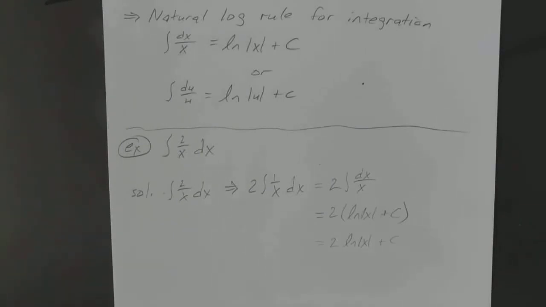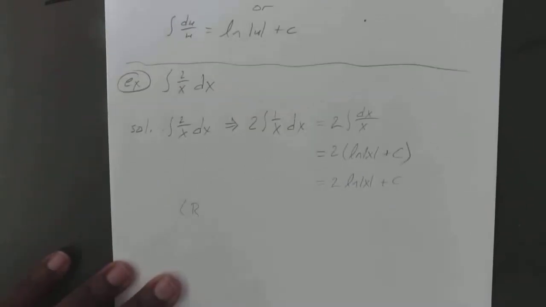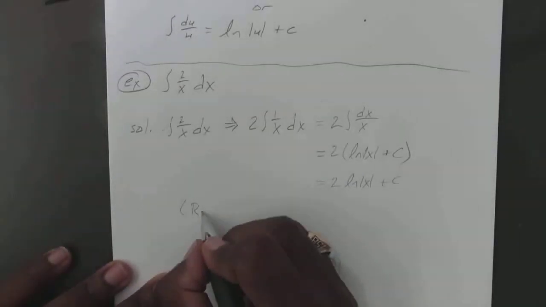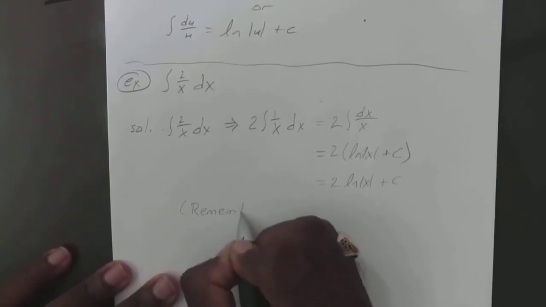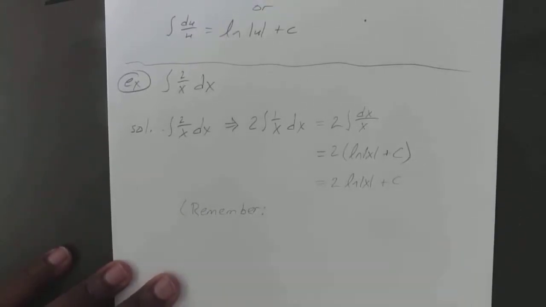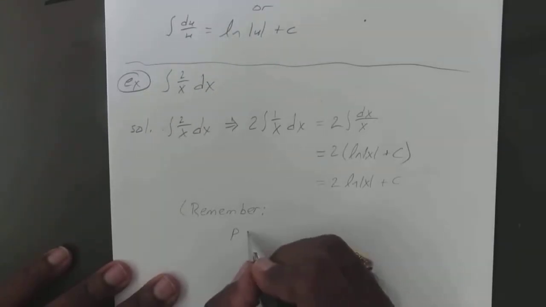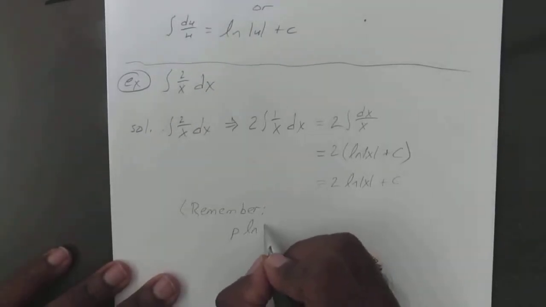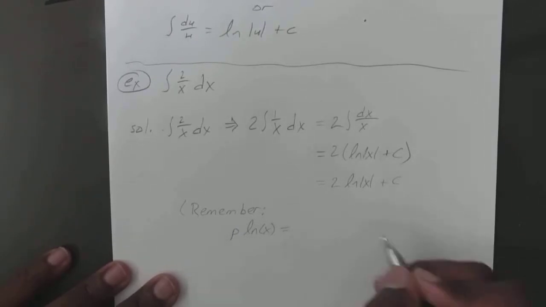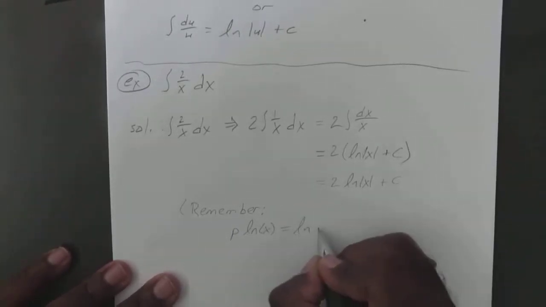Okay. And then remember, with natural logs, you have the power rule. So p times natural log of x equals natural log of x to the power of p.